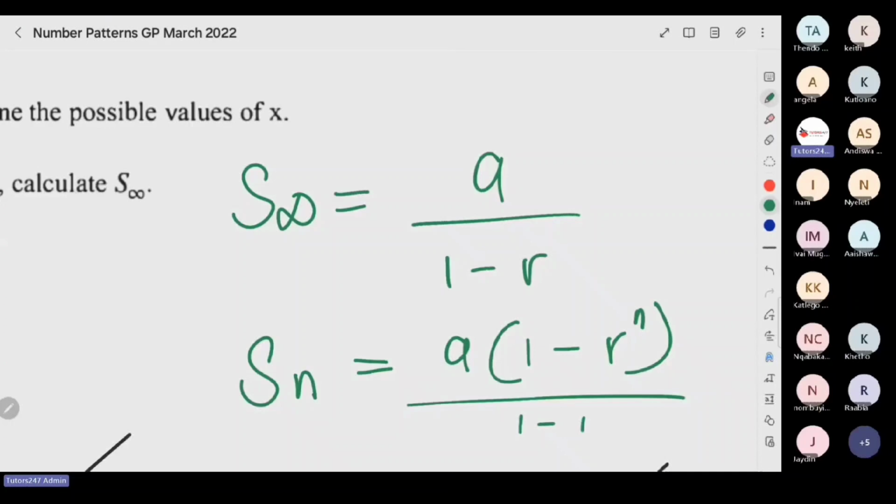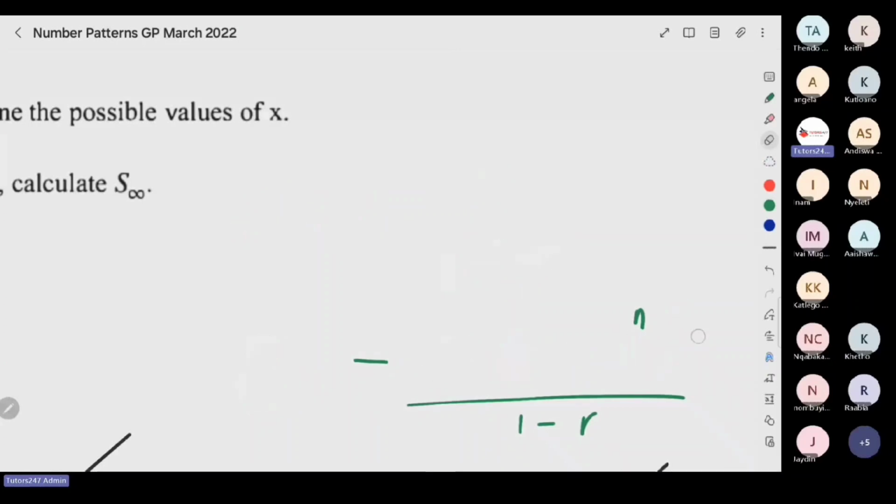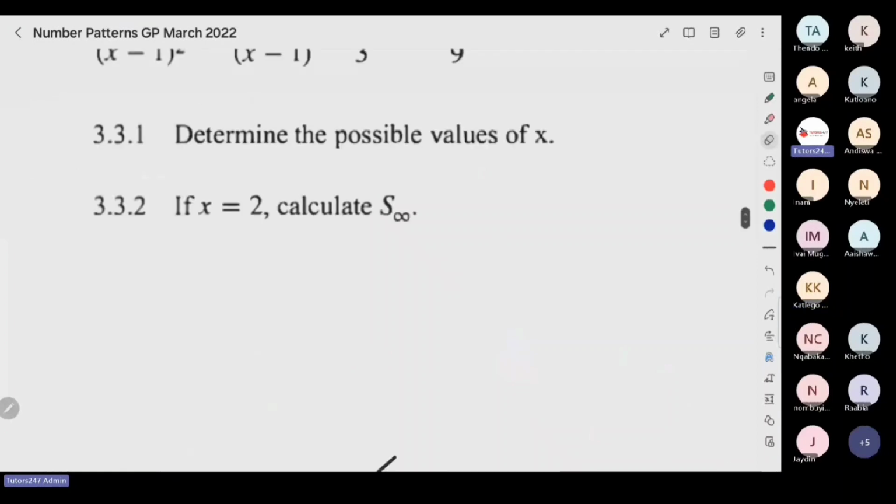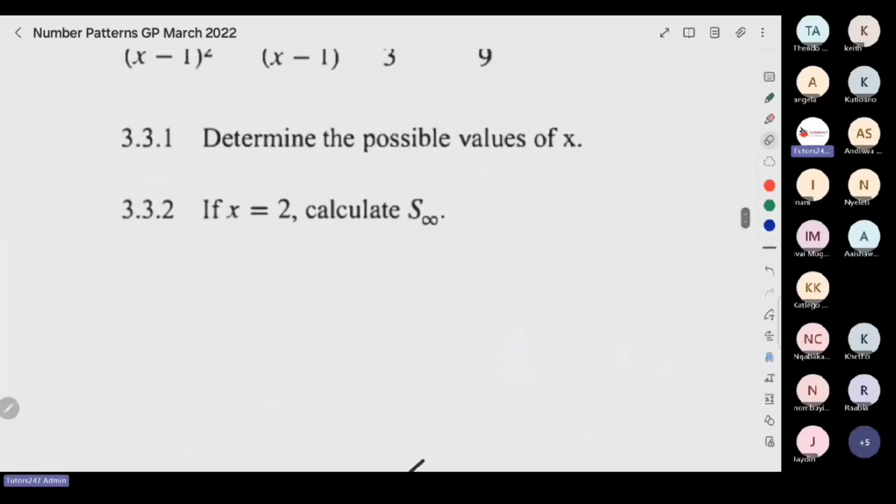So take note that the two formulas are different. If you use the wrong formula in the wrong situation, you will get it wrong. If you struggle to memorize formulas, please make use of the formula sheet at the back of your question paper. So we need to find the sum to infinity when x is equal to 2.